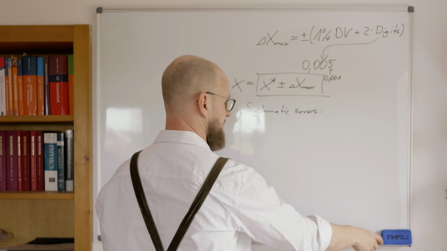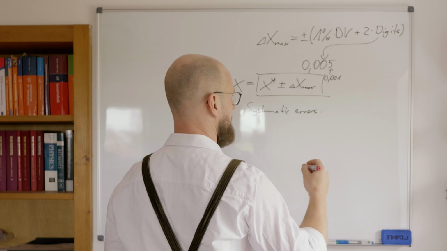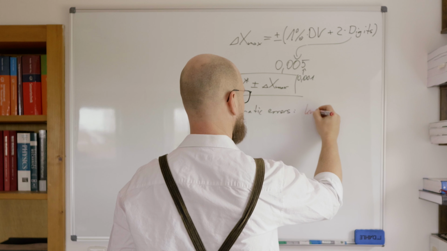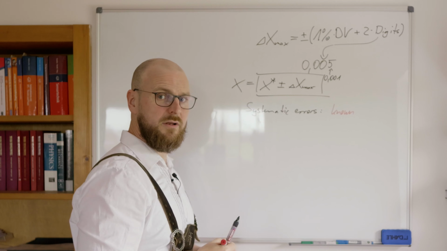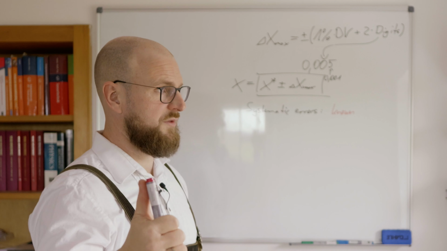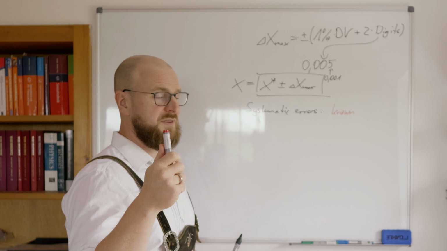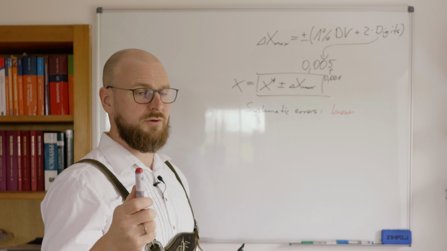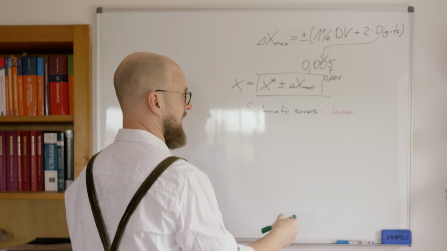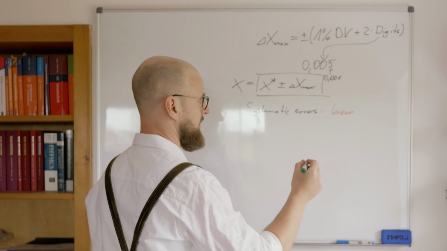To say it in short, they are just known. We know everything about them. We know the quantity, we know the time when they occur, and we know how to correct them. And that's the thing we have to do with those.